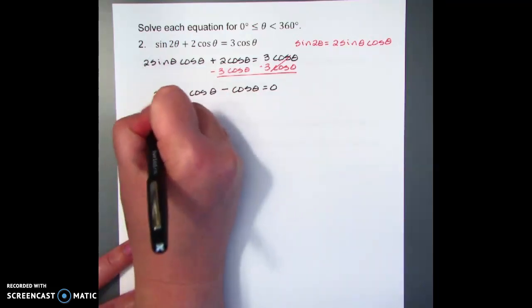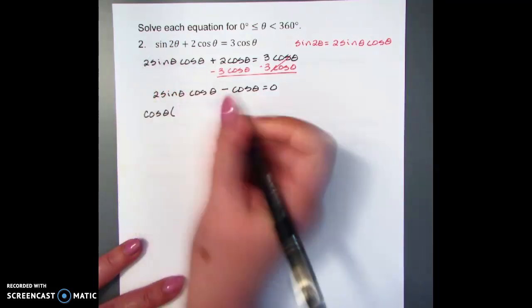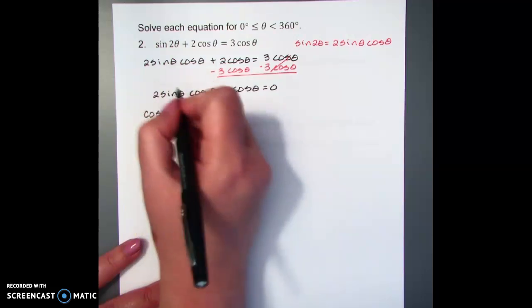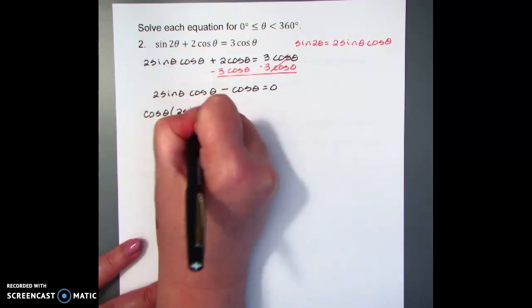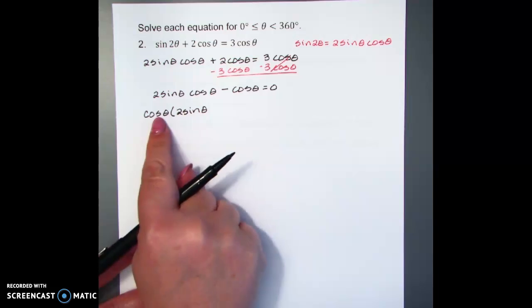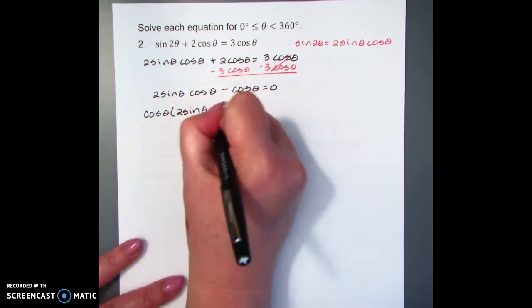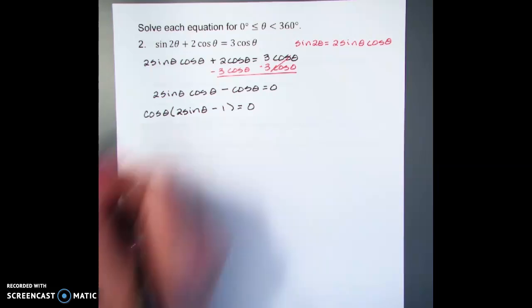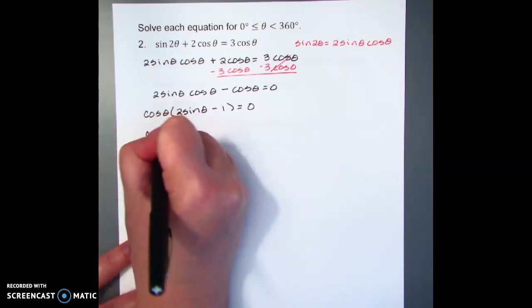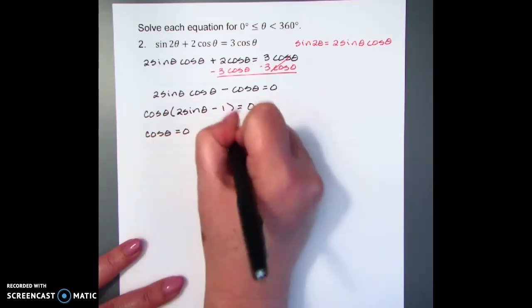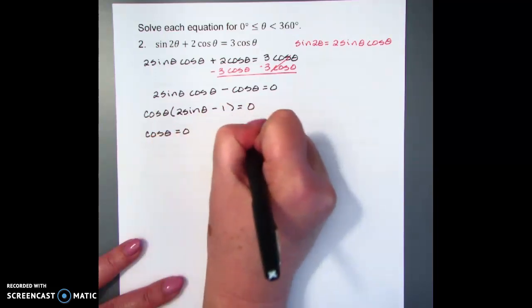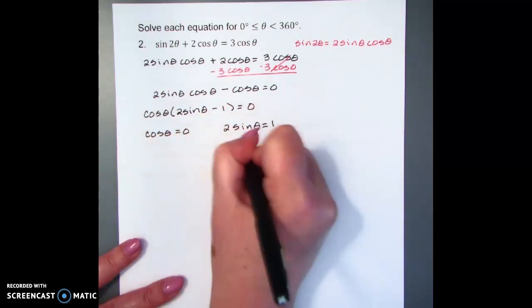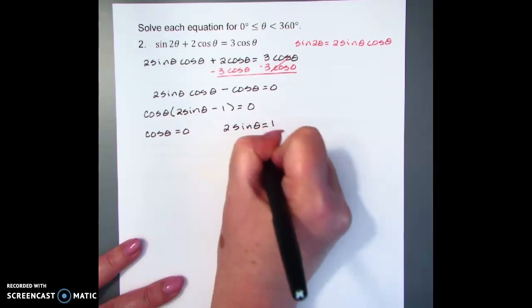So if I factor out that GCF, I would multiply cosine theta by 2 sine theta to get the first term, and I would multiply cosine theta by -1 to get the second term. So now I can say cosine of theta is equal to 0, or I could say 2 sine theta is equal to 1, making the sine of theta equal to 1/2.